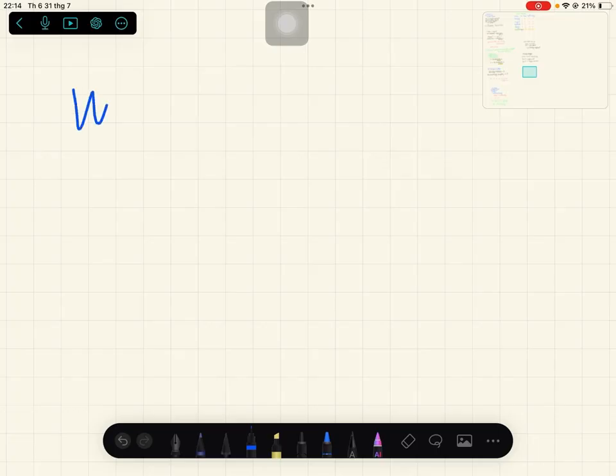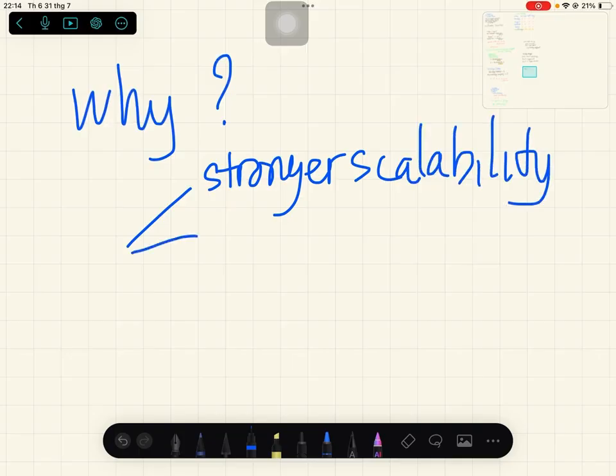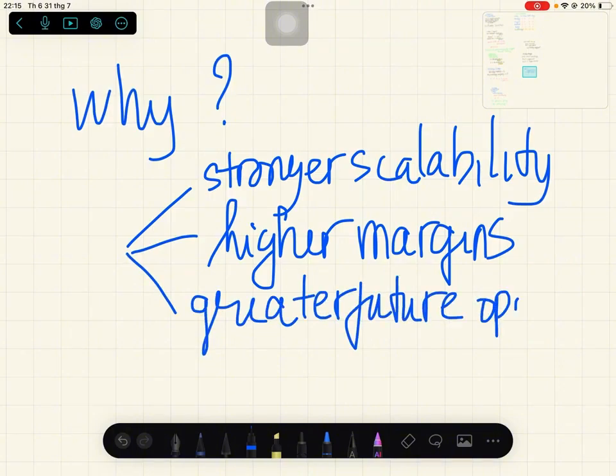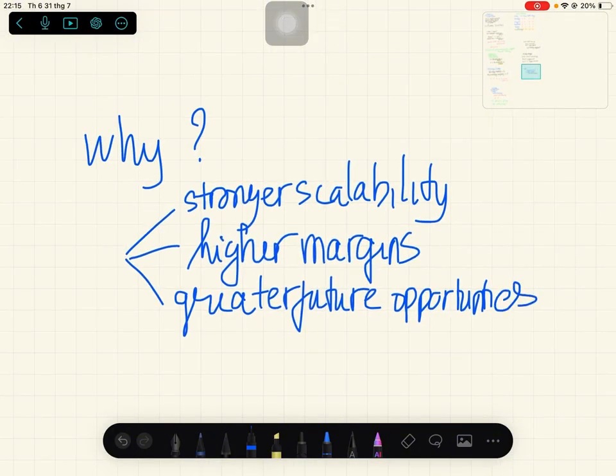Why? Because investors believe technology businesses have stronger scalability, higher margins, and greater future opportunities. So the relationship between growth and valuation is different. The dummy interaction term captures that difference.